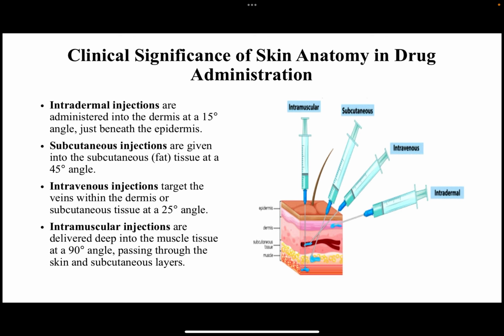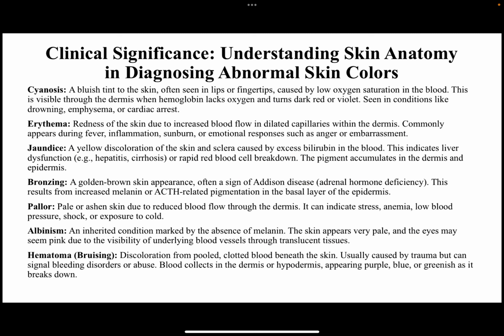If you are administering it subcutaneous, you go about 45 degrees and you deliver it into the subcutaneous layer. So you realize that understanding the skin anatomy is very important for you to be able to administer some kinds of medications.